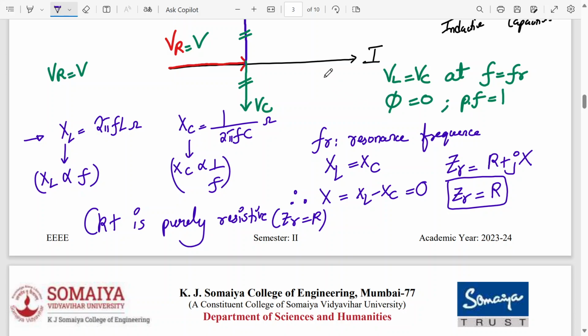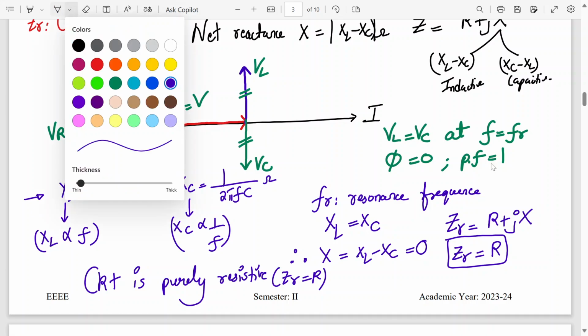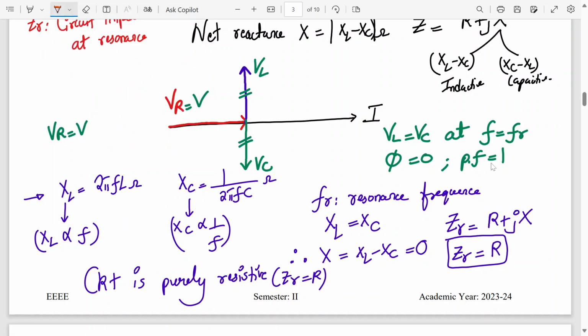So when the circuit is purely resistive, current I is in phase with the applied voltage V. Power factor is unity. So these conditions result in electrical series resonance. So what are the conditions? Again we revise. Number one, VL is equal to VC. Phi is 0. These are consequences.